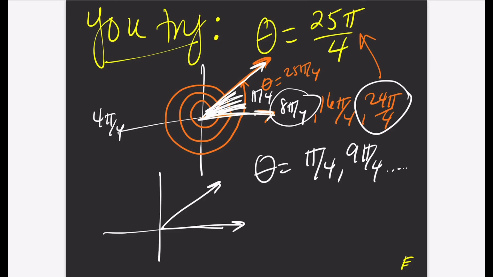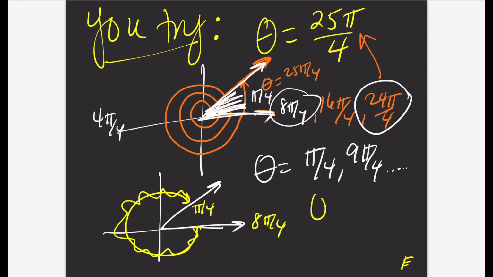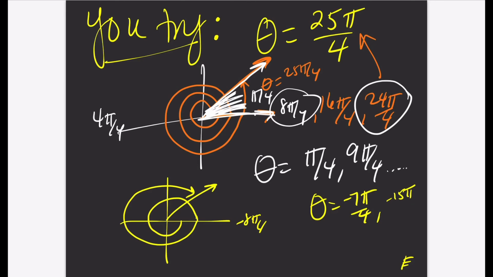So the first negative coterminal angle is the angle from here to here. And earlier we found out that this is pi over 4, and we know that 1 full revolution is 8 pi over 4. So this right here will be negative 7 pi over 4. And just keep adding revolutions. That will land you at negative 15 pi over 4.